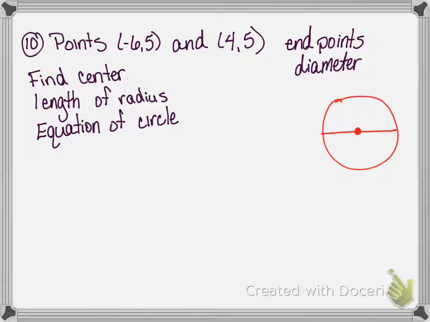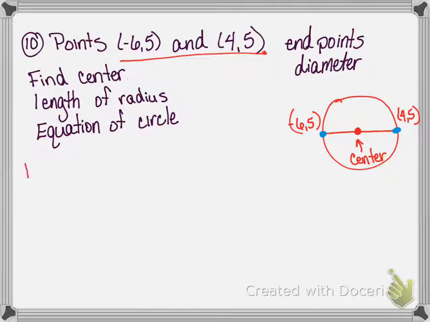I am told that this point right here is negative 6, 5, and this point right here is 4, 5. That's a definition of diameter. This is my center, but I don't know what that is yet. If this is my diameter, the center of my circle is the midpoint of this line segment.